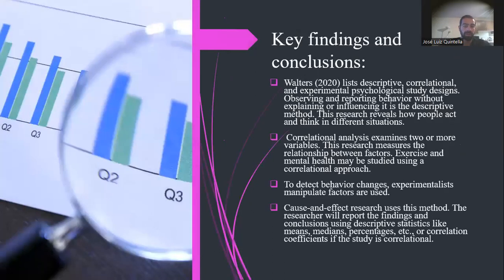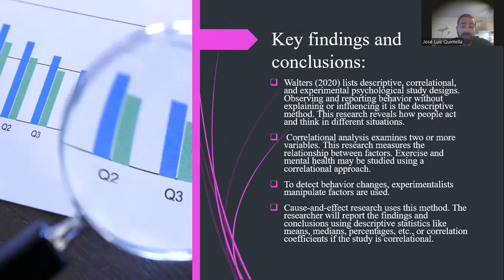So, my conclusions, my key findings: Walters in 2020 lists descriptive, correlational, and experimental psychological study designs. Observing and reporting behaviors without explaining or influencing them is the descriptive method.